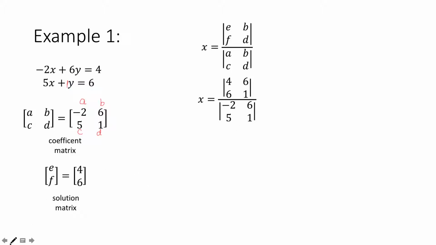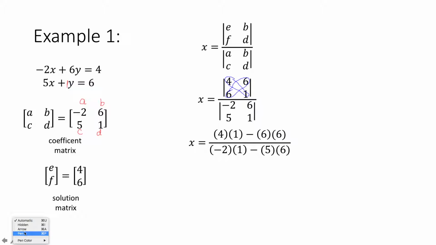All right, now I can find the determinant. Let's recall when we find the determinant of a 2 by 2 matrix, you cross multiply, and then you subtract them. So I would do 4 times 1 minus 6 times 6.